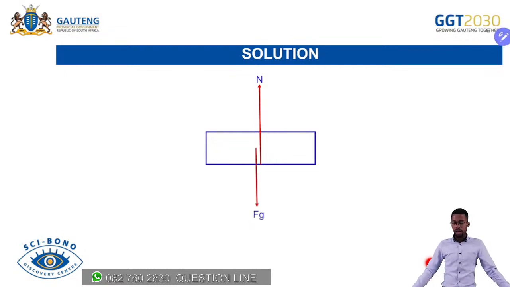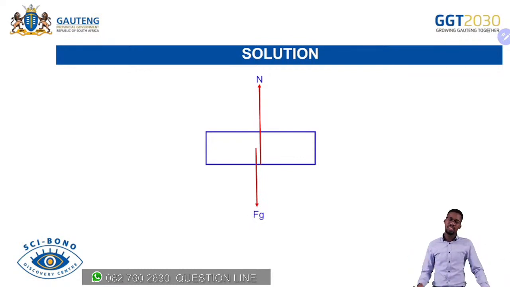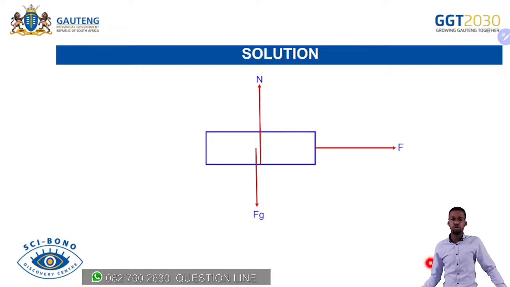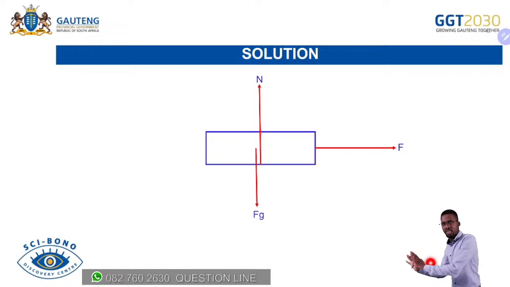And then we'll have the force of gravity. That is always going where? Downwards. The force of gravity is always going straight downwards, from the center going down. And then we did say that the lady is pushing the object towards the door, meaning in this direction. So the force applied will be in that direction.